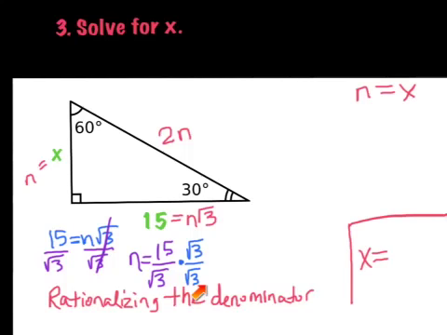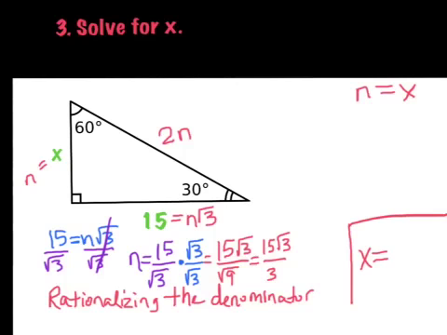So what happens is we end up with 15 times the square root of 3 over, well, the square root of 3 times the square root of 3 is the square root of 9. Well, what is the square root of 9? It's 3. And up here we have 15 times the square root of 3.